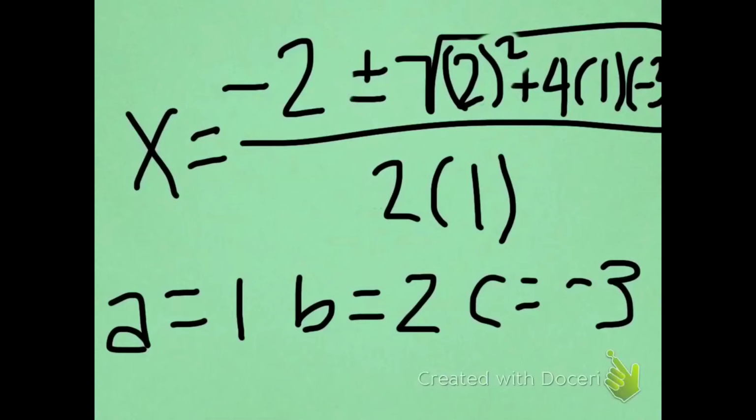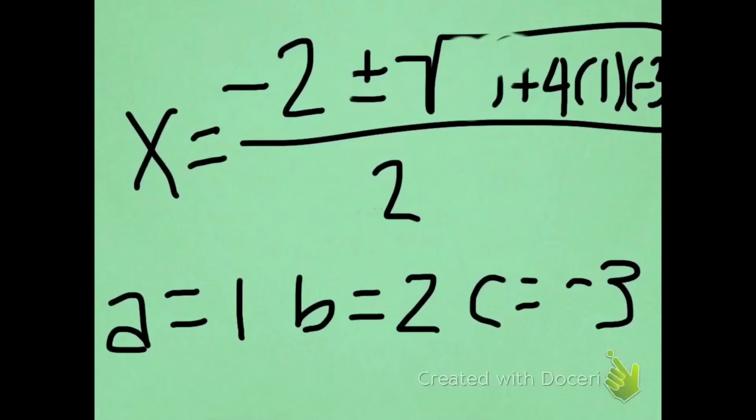Next, all that we will have to do is solve the formula. So first of all, 2 times 1 just equals 2. Up here, 2 squared just equals 4, so we are going to change that to 4. And 4 times 1 is 4, and times negative 3, which equals negative 12.